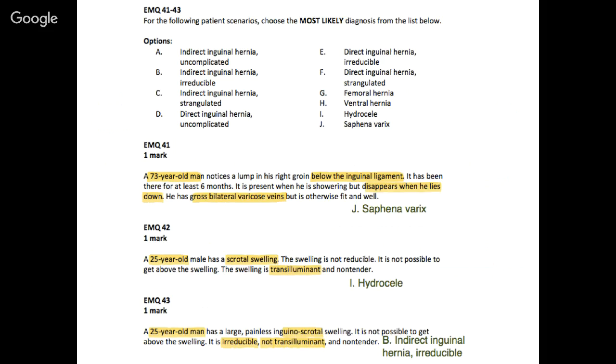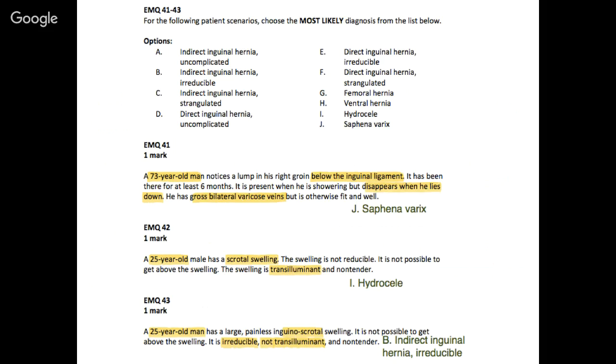The next one is a hydrocele, which is just an accumulation of serous fluid, particularly in the testes. One of the differences between 42 and 43 is illumination, okay? When you're examining a lump, you might get your little light and see if you can shine over it and see if it passes through. Generally if something has fluid in it, it will illuminate.